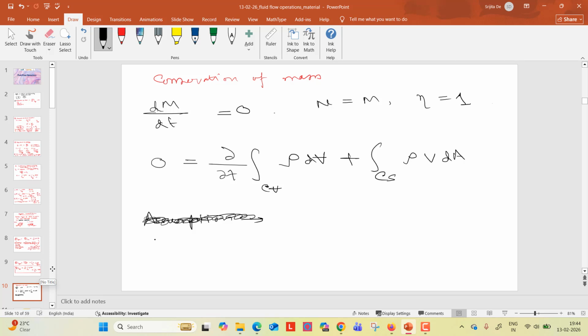If you are considering the first term only, del t of rho dV, right? From the Leibniz theorem, there is a Leibniz theorem.